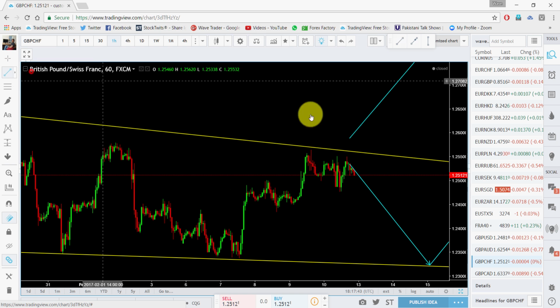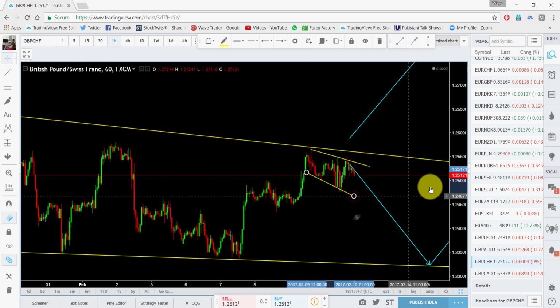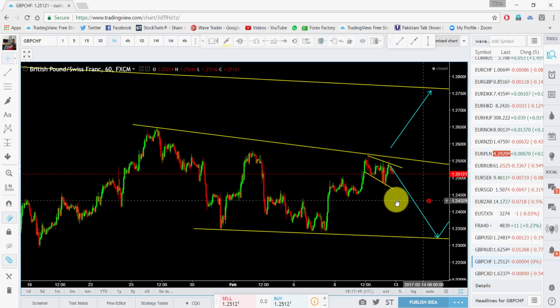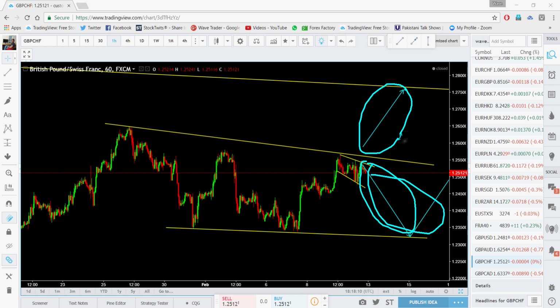So watch price action. If you feel comfortable to sell for this move, then price can fall back again to the downside. These two moves we may see next week, either a break to the upside or continuation to the downside. If you see that price is not going to break to the upside and is holding this area, then look for a sell rather than the upside.